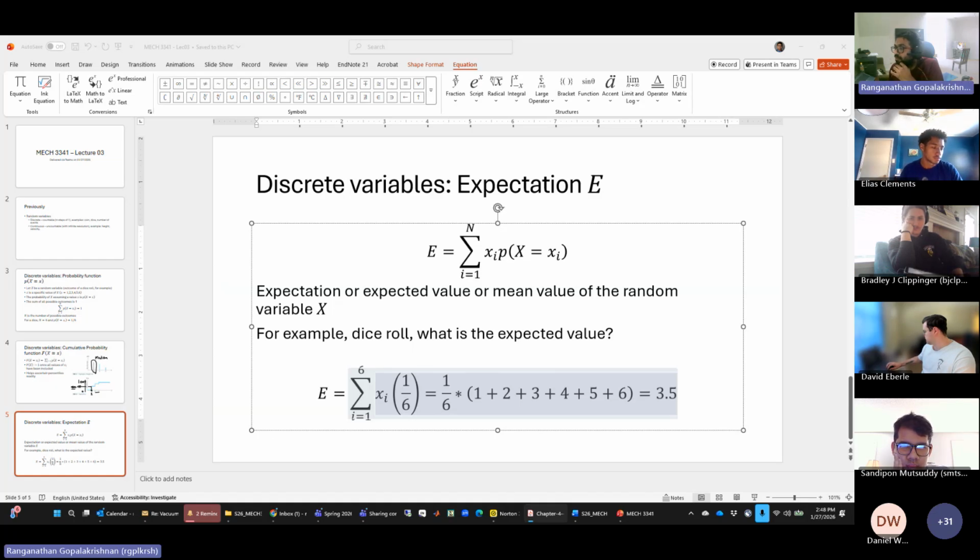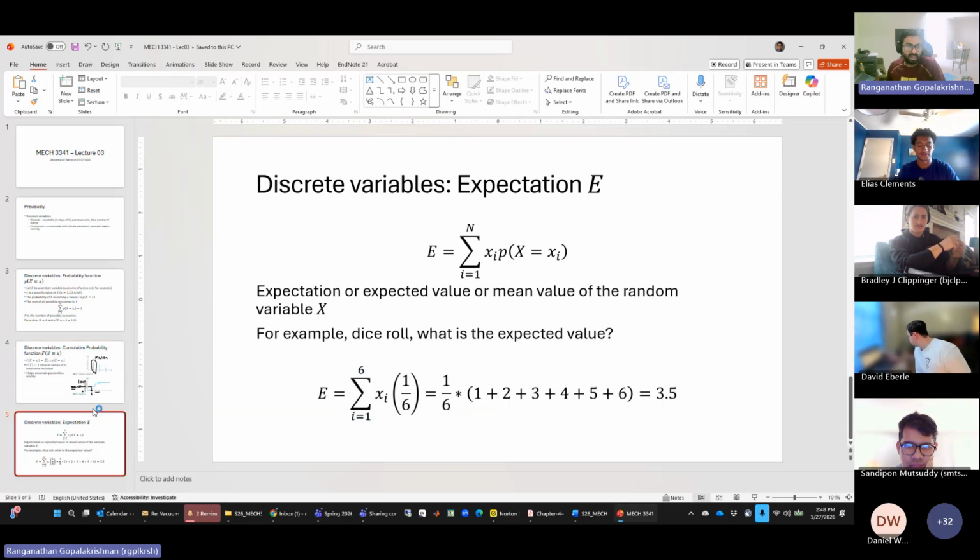Okay. Wait. Sorry. I wanted a discrete variable problem. I don't want a continuous variable. Never mind. We'll do this later. Okay. So I had another example selected, but that's not for discrete variable.